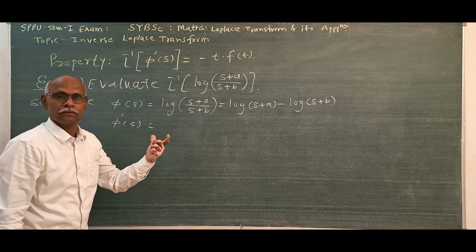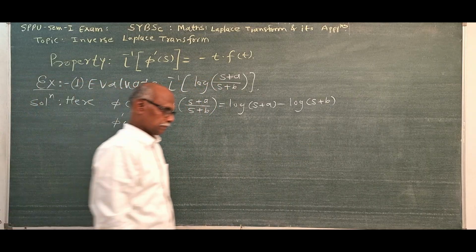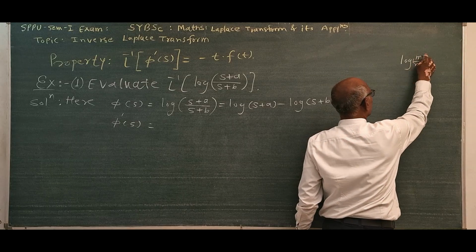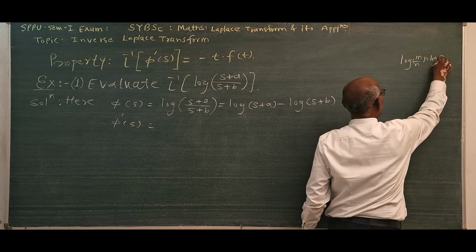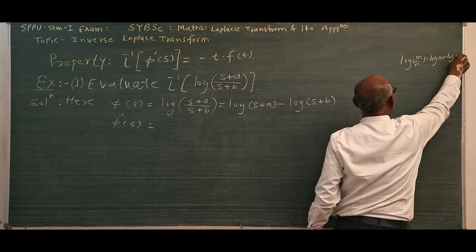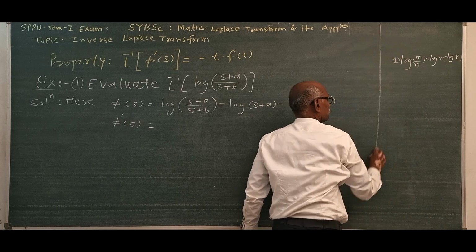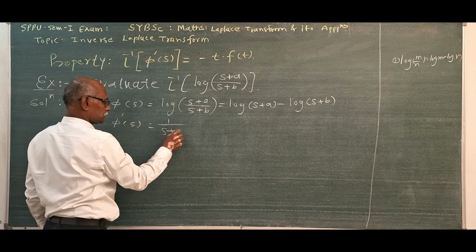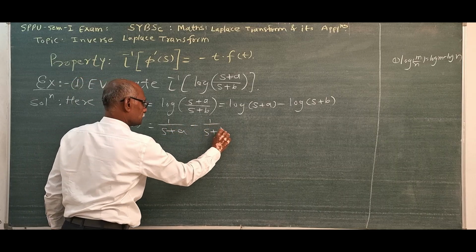See this, log of m by n equals log of m minus log of n. So this is the formula. So phi dash of s becomes 1 upon (s plus a) minus 1 upon (s plus b).